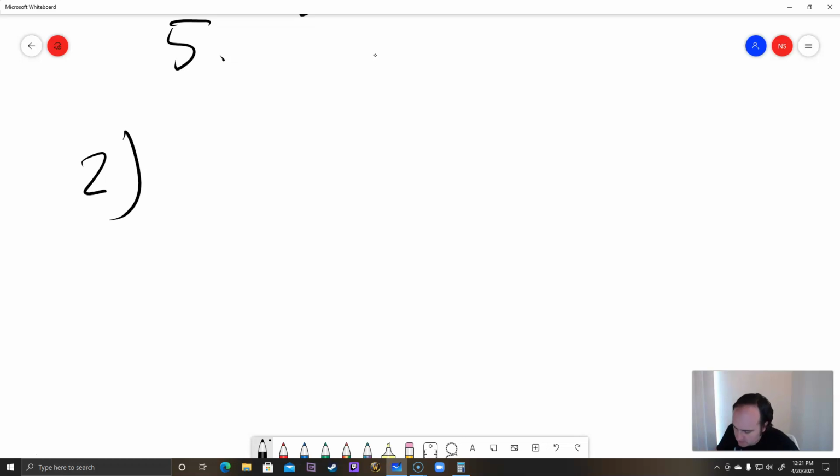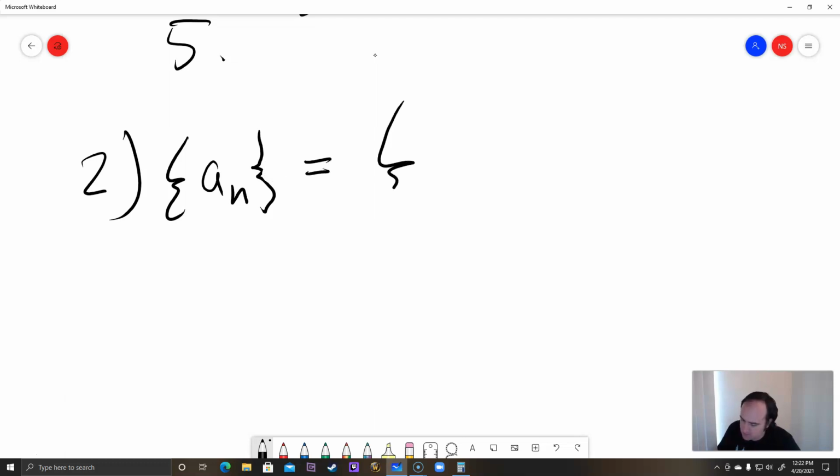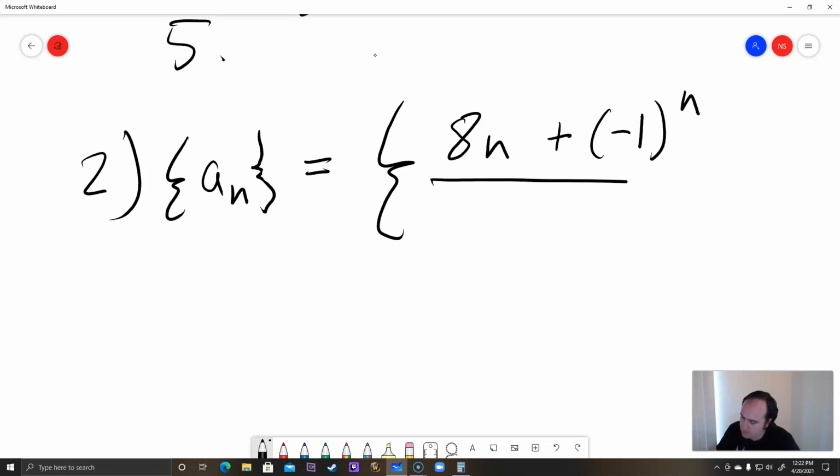For this one, our a sub n equals, this time they're using curly braces, which doesn't really change anything, a sub n equals 8n plus negative 1 to the n all over 8n.